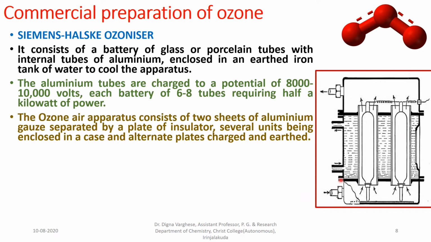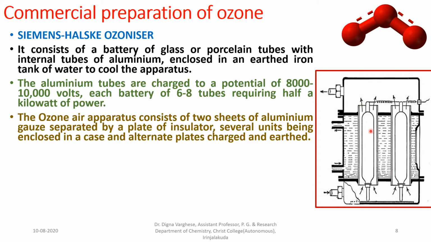The ozone air apparatus consists of two sheets of aluminium separated by a plate of insulator, several units being enclosed in a case, and alternate plates are charged and earthed.